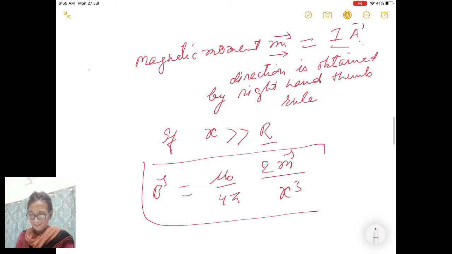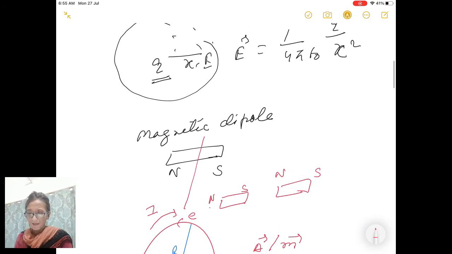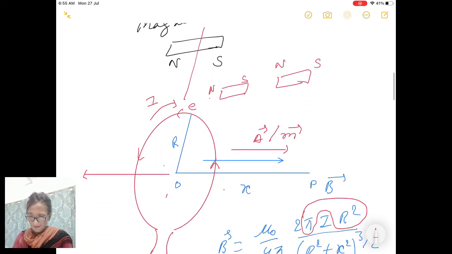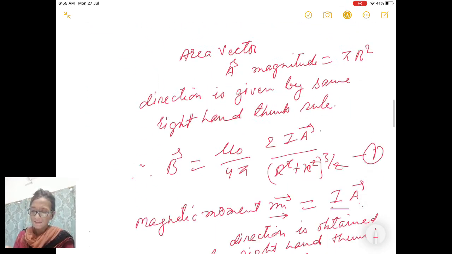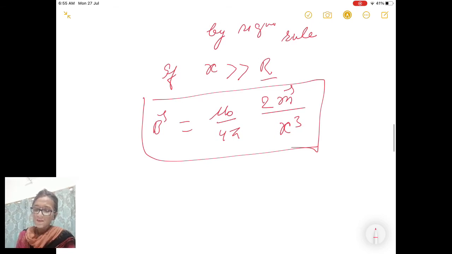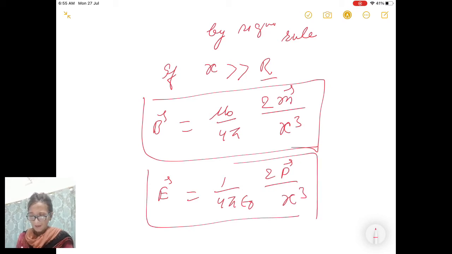So see, B has come exactly the same as the field due to an electric dipole. Look here, I am writing the electric dipole term again. This is your magnetic field, and the electric field in terms of the electric dipole is equal to 1 upon 4 pi epsilon naught, 2p upon x cube. So it is quite similar.